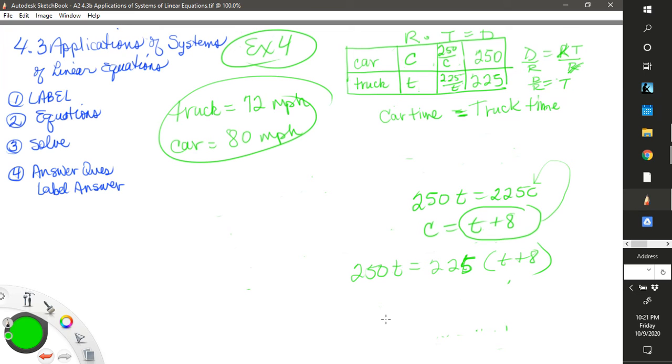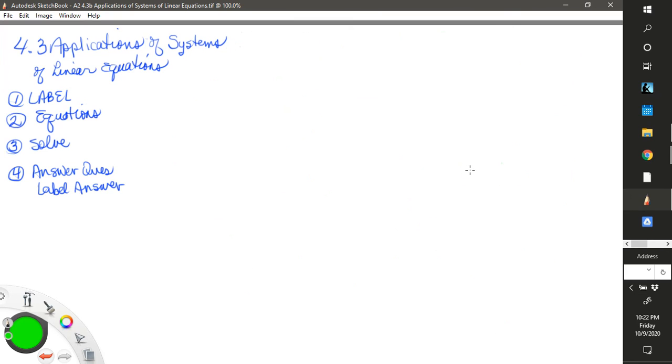And from there, it just becomes a solution step process. Distributive property, combining like terms, solving for your variable, all of those steps, and it'll bring you back over here to where car and truck will be those values. Okay, so if you want to set it up as a one variable equation, you can. If you want to set it up as a two variable problem, just remember that you need to set up two equations.